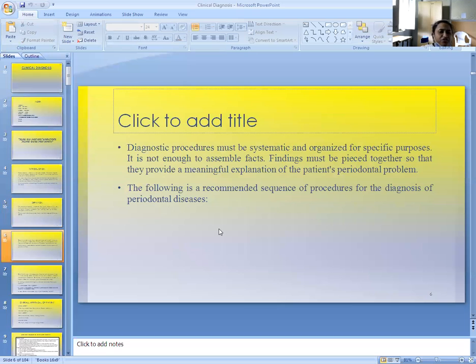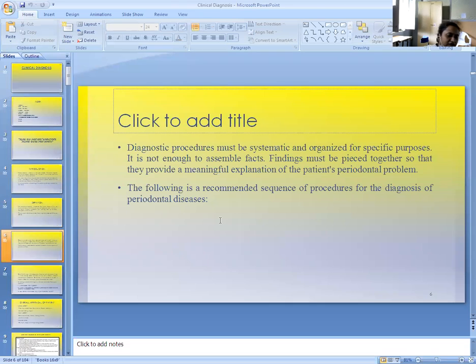Your case history is categorized into a few parts. First will be the introductory part, or general information about your patient. For clinical diagnosis you should also know the general information of the patient. In general information there will be name, age, sex, and chief complaint of the patient.